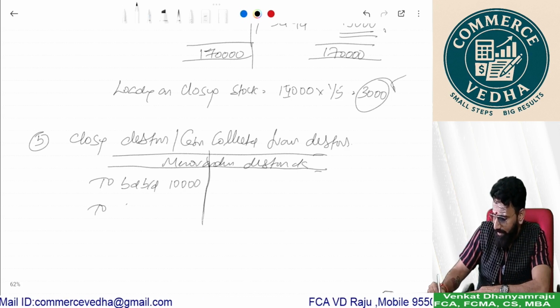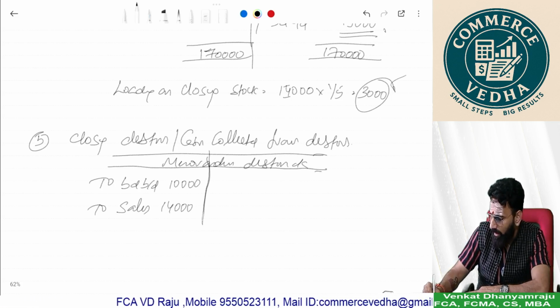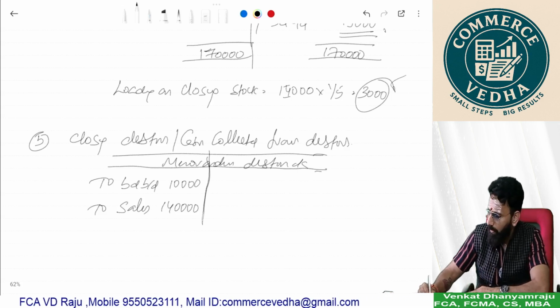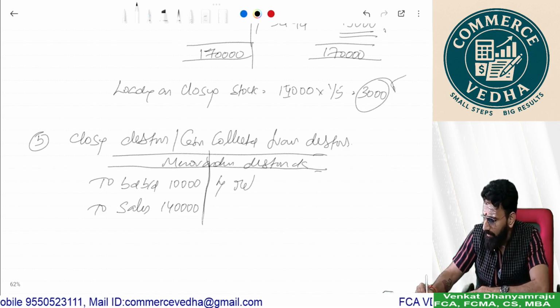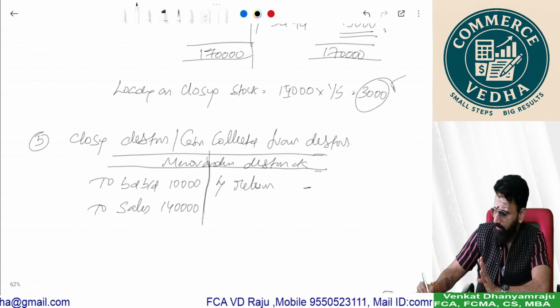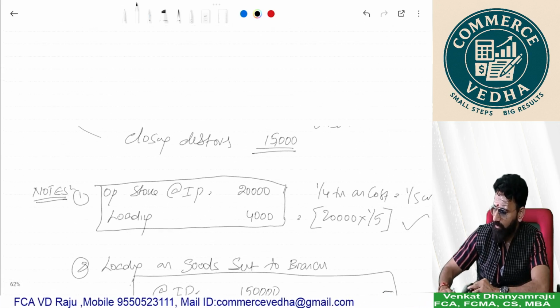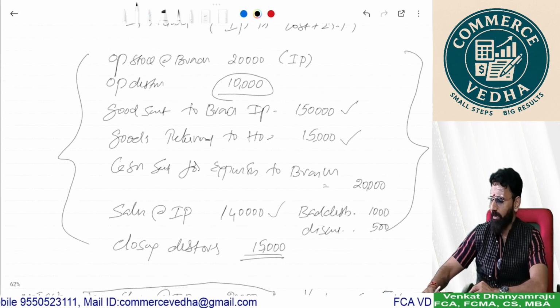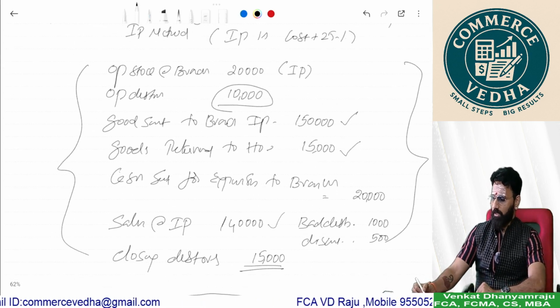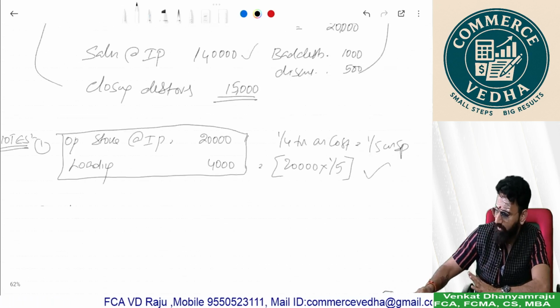To sales, current month we sold 1,40,000. By returns, no returns from debtors. In the sum there is no returns from the debtors.